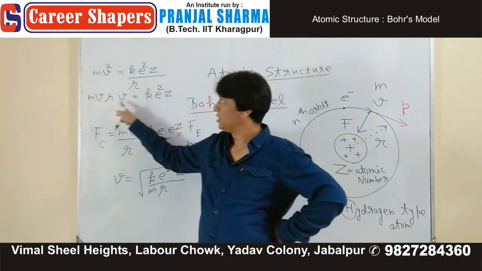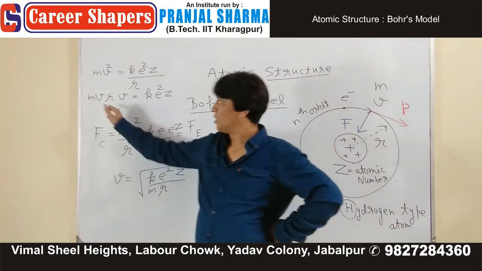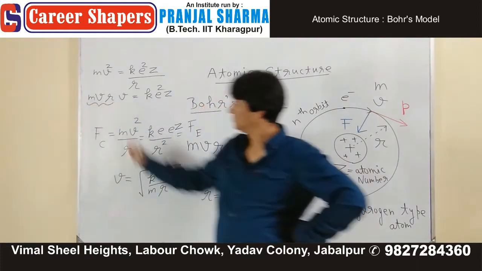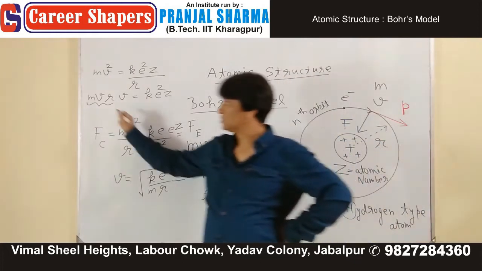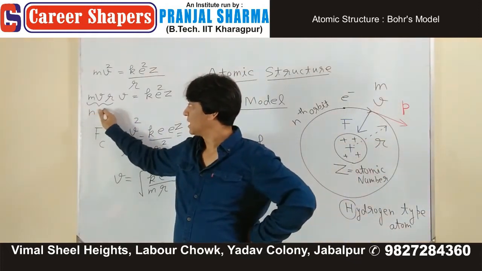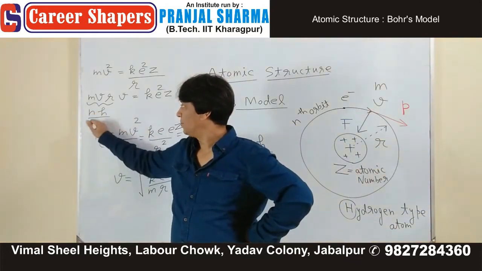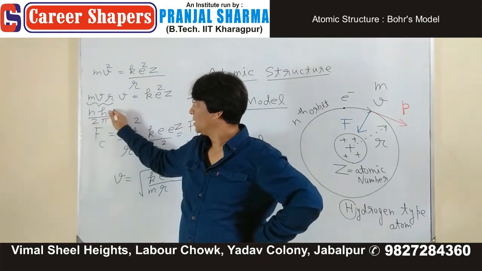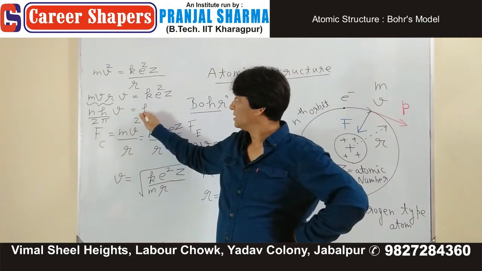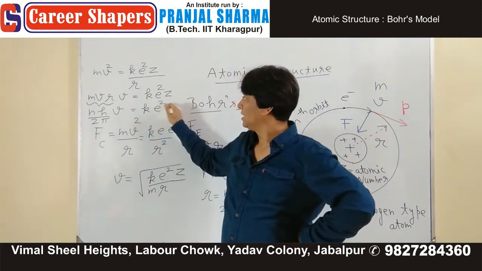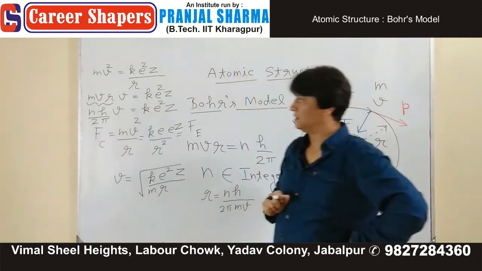V square is V into V. You got the value of mvr, which is nh upon 2 pi. I put it here. This gives us nh upon 2 pi multiplied by V, that is K e square Z.